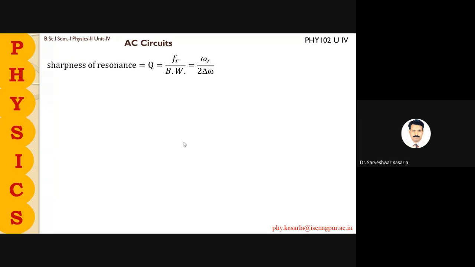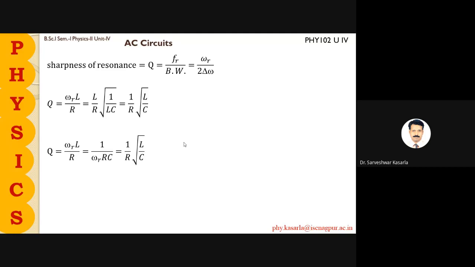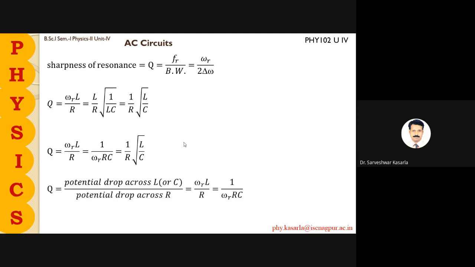So omega R upon 2 times delta omega. So that will be equal to, if you keep the values, then you will get the value as say 1 upon R under root of L by C. Okay. Or say the sharpness of resonance can also be defined as the potential drop across LRC. Okay.